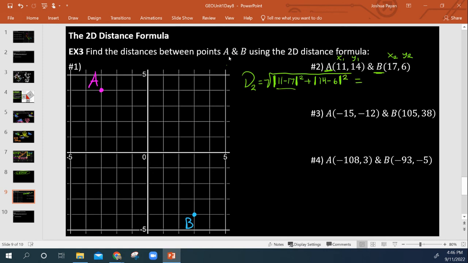Okay, so 11 minus 17, well, that's just negative 6, plus 14 minus 6 is 8, right? And of course, now we can just say, well, that's just 6. That's just 8.